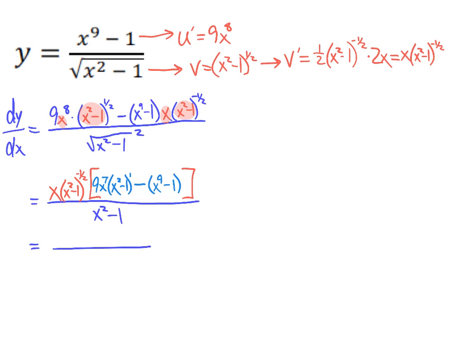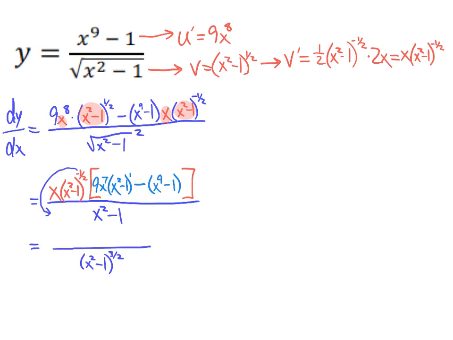So now I have x squared minus 1 to the first power, and I'll also have it to the 1/2 power. If I have it to the first power and to the 1/2 power, I can write that as x squared minus 1 to the 3/2 power. So I brought this down to the bottom, because it's negative, it's the same thing as 1 over.